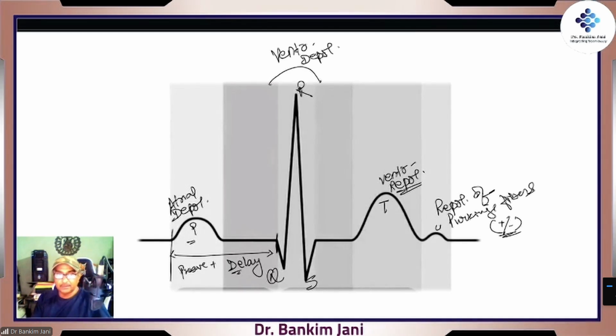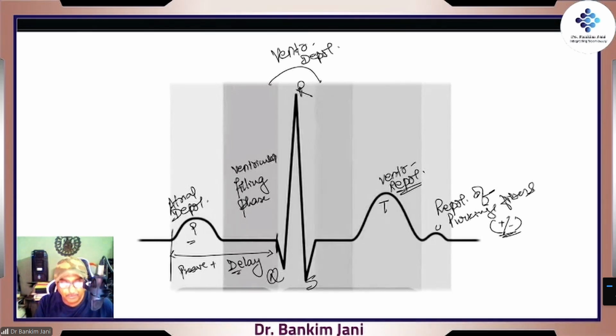So this delay will be the filling phase. What would be filling at this point? Ventricles will be filling. So it is the ventricular filling phase. And it makes sense because ventricles will fill and then the current will go to ventricles and they will contract and things will be pushed out. Blood will be pushed out.